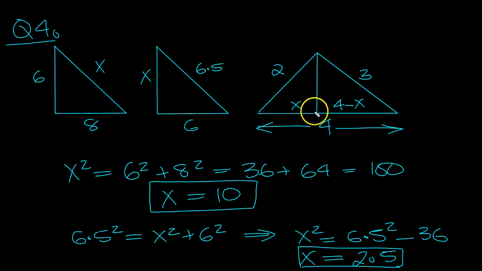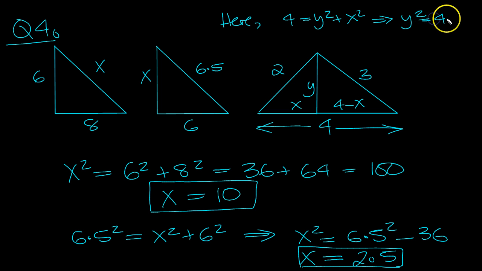Because this side we'll label y. So we can see here, I'll put it up here, 2 squared is 4 is equal to y squared plus x squared. So we can replace, so y squared then is equal to 4 minus x squared, that's that y squared.